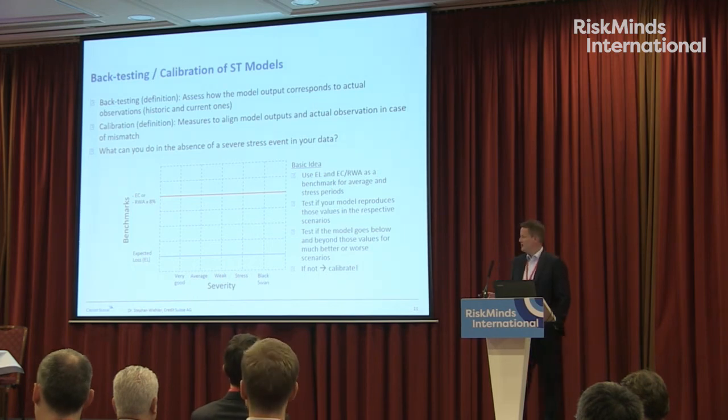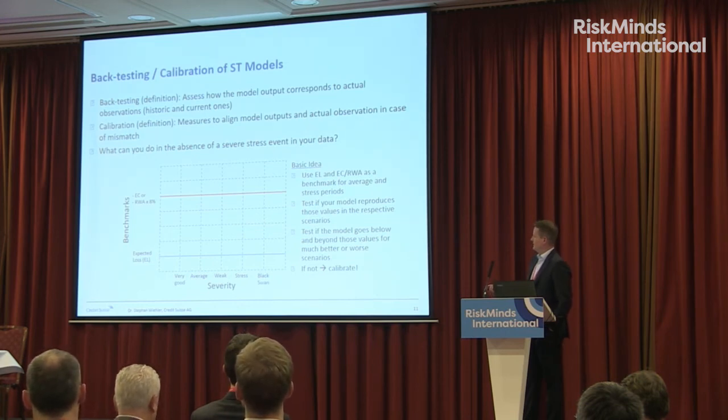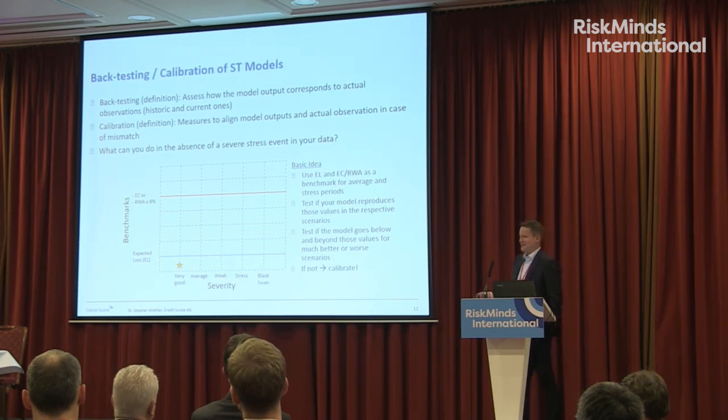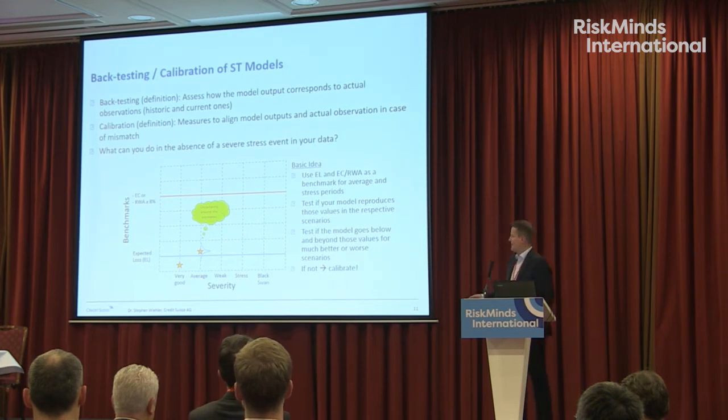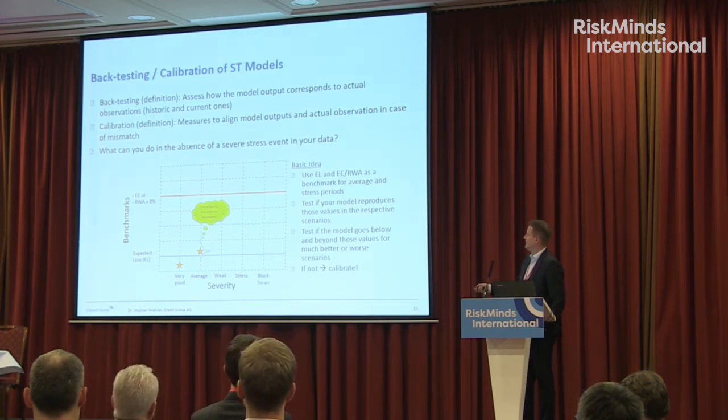What you always could do is use those two measures to at least check the sensitivity of your model. If you plug in a very good scenario, you would expect that your model spits something out that is lower than your average default experience. And of course, if you plug in an average scenario, you would expect that something around your expected loss comes out of the model, always considering some uncertainty around the model outputs.